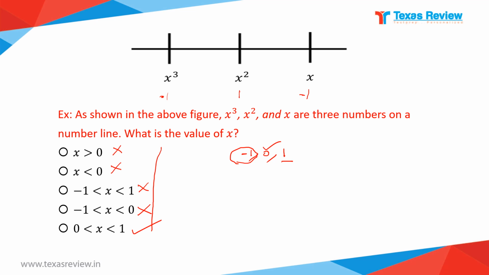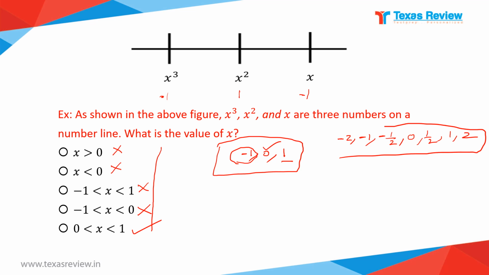Now this is the advantage of plugging in -1, 0 and 1. If you want to fail a case, we use -1, 0 and 1, but they cannot be used to prove a statement, because if at all you have to prove a statement, we need to use a variety of numbers in order to prove that, like 0, 1 by 2, 1, 2.